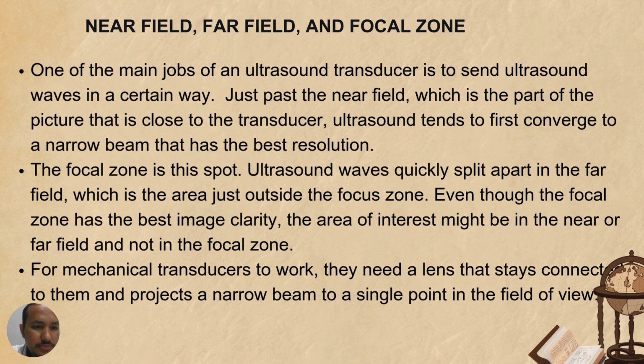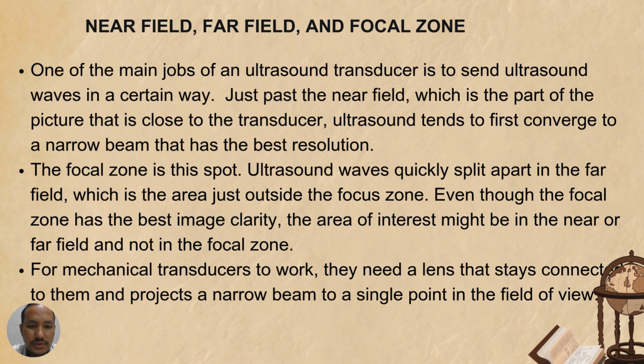And then I will explain the near field, far field, and focus zone. The main job of an ultrasound transducer is to send ultrasound waves in a certain way, just past the near field, which is the part of the picture that is close to the transducer.